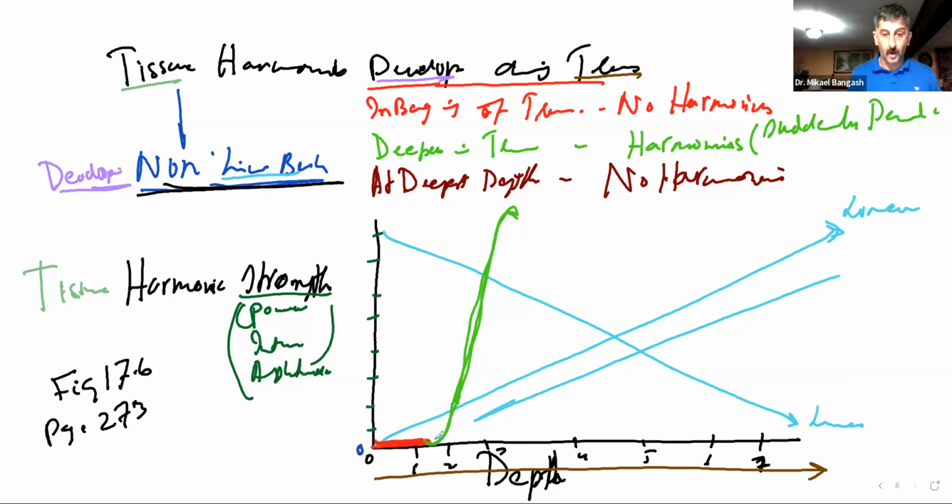Clear? Because all of a sudden there's a drastic increase in the strength of your harmonics. And it is this increased strength of the harmonics here that is going to produce what we will call the harmonic image. We actually see the effect of the harmonics in this area here.